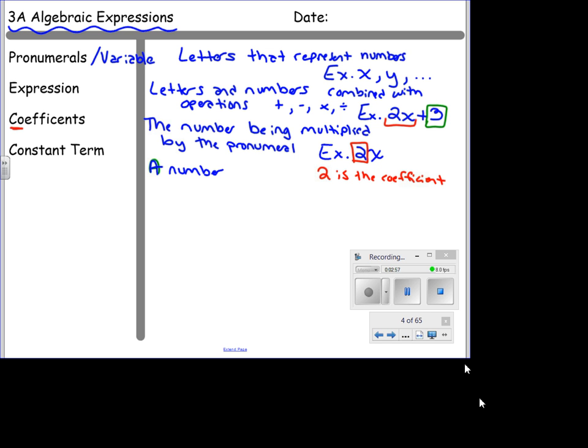So for example, if you were given 3x plus 7, it is a number that is not multiplied by the pronumeral. So in my example that I just wrote on the board, 3x plus 7, the 7 is the constant.